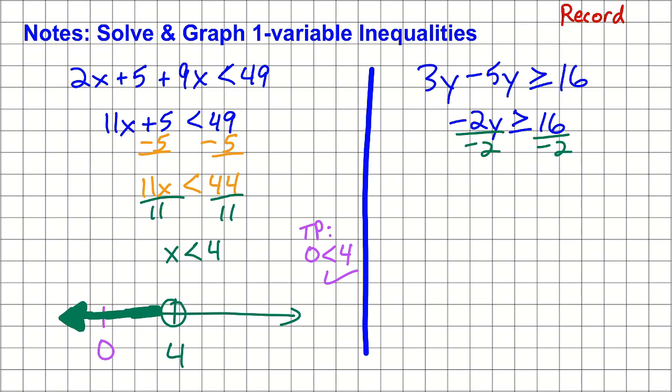Whenever you multiply or divide by a negative number, here we're dividing by a negative number, on both sides, whenever you do that, you have to flip the sign. So now we're going to have y is less than or equal to negative 8. That is absolutely necessary. Okay? Questions on that before I move on?